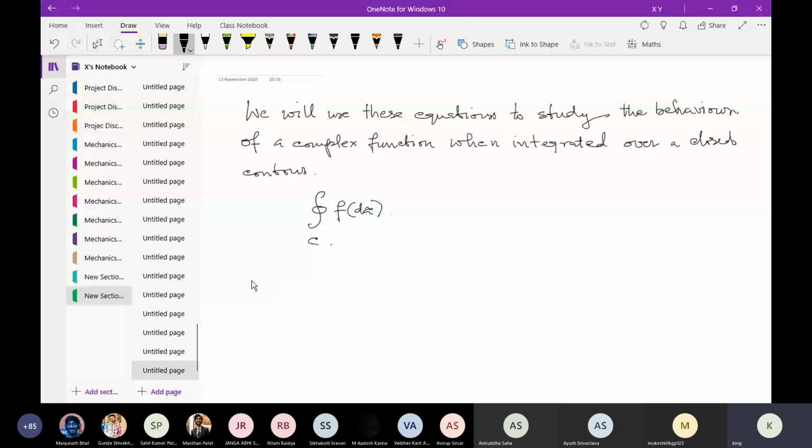And what kind of function will we study? We will be focusing on analytic functions.